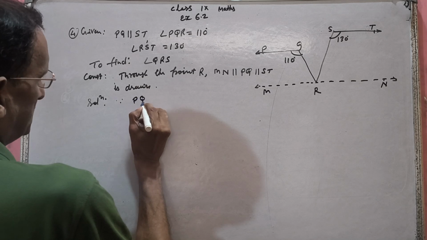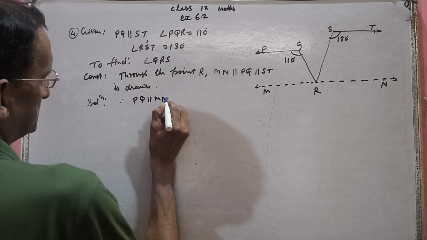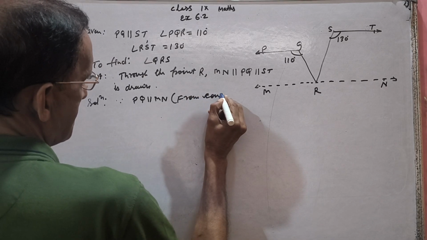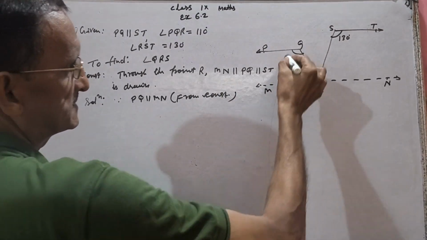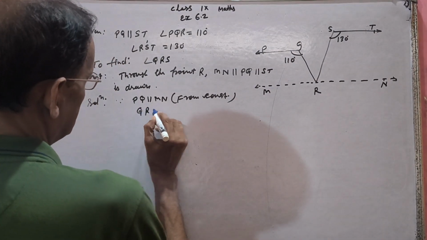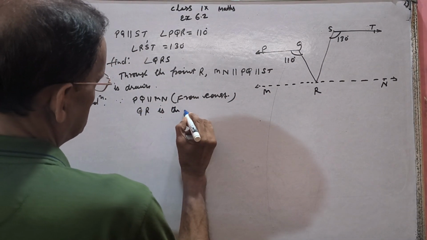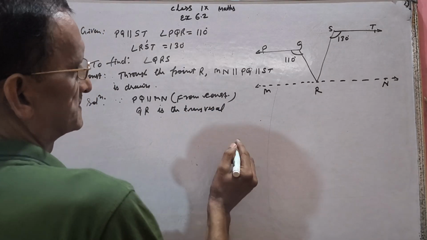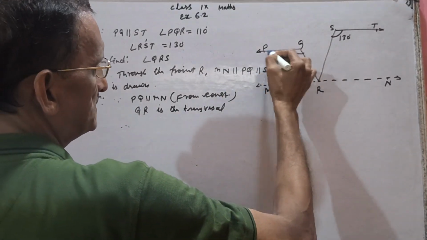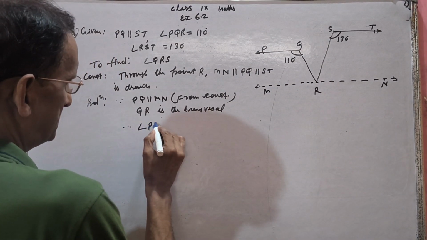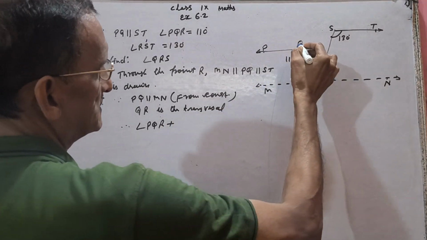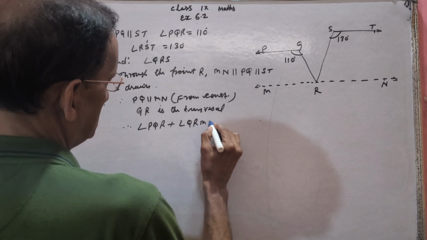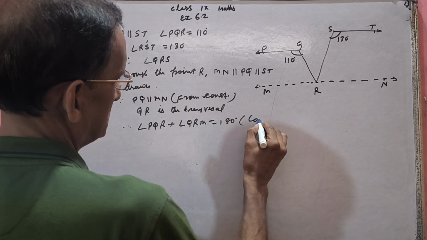Since PQ is parallel to MN from construction, and QR is the transversal, therefore angle PQR plus angle QRM is equal to 180 degrees. So what is it called?